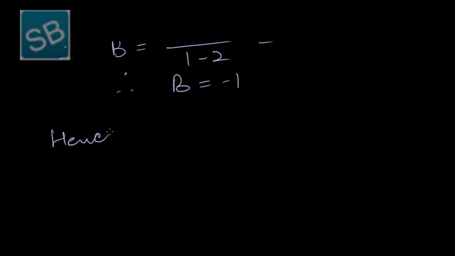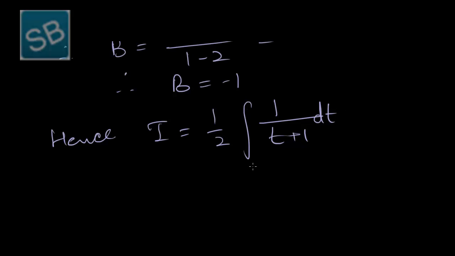Hence I is equal to half of integral 1 over t plus 1 dt, ranging from 0 to 1, and minus half integral dt over 2 plus t, ranging from 0 to 1.